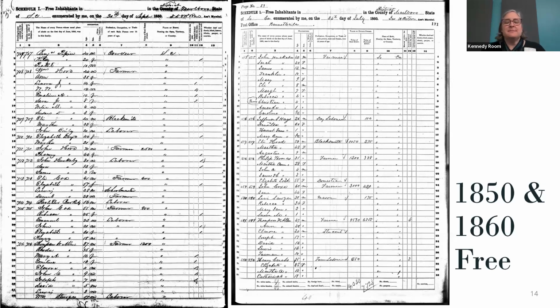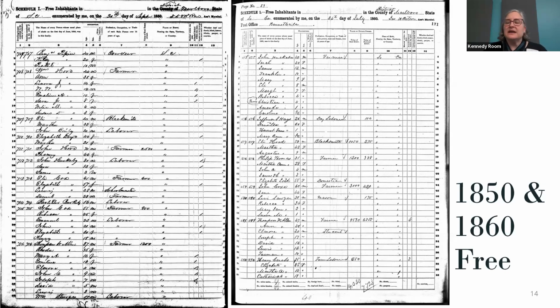And that is every male over 15 years of age, they want their trade, profession, or occupation. They want the value of real estate owned. And this one adds the place of birth, naming the state, territory, or county. They also want to know if they married within the year and if they attended school within the year. And if persons over 20 years of age cannot read and write.